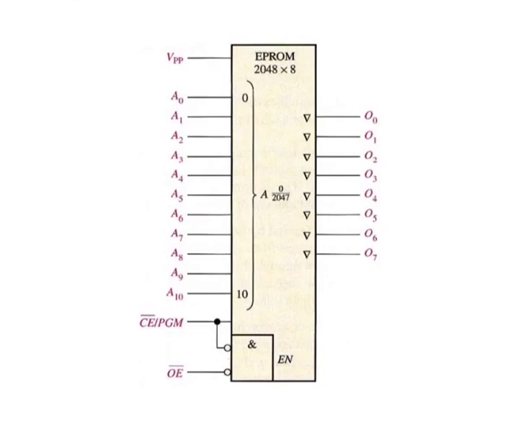The 8 data bits to be programmed into a given address are applied to the outputs and the address is selected on the address inputs. Next, a high level pulse is applied to the CE/PGM input. The addresses can be programmed in any order.